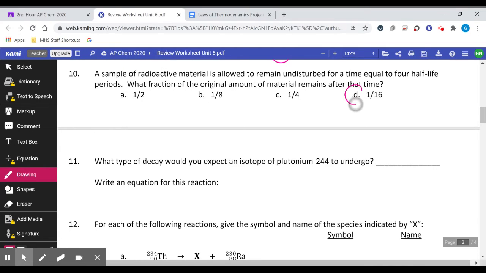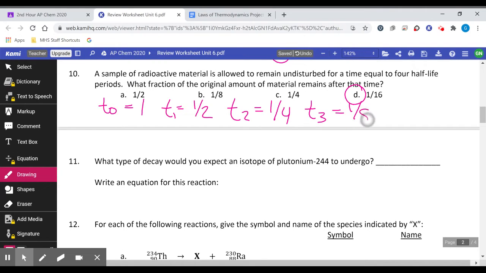And so if we look at that, if we have our T sub 0, and let's say we have 1, for my first half-life, I would have how much of that? 1/2. Okay, for my second half-life, I would be at what? 1/4. Third half-life, I would be at 1/8. My fourth half-life, which is the one they're asking about, would be that 1/16.